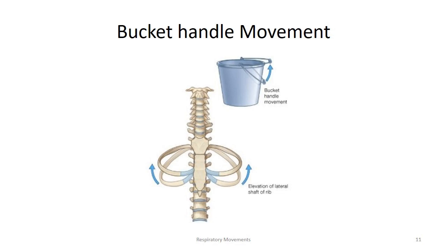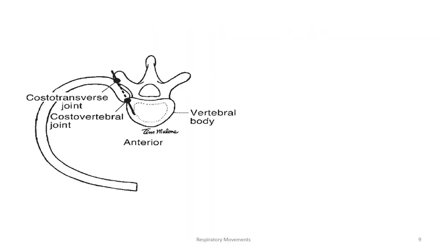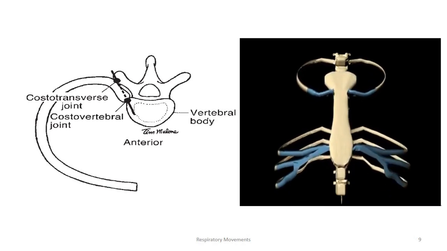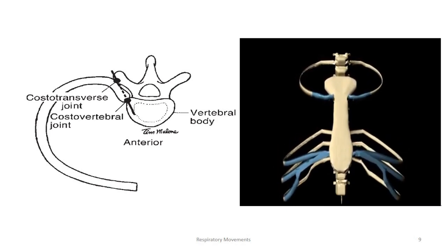That causes elevation of the lateral shaft of the rib, and that increases the transverse diameter of the thoracic cage. So it is known as bucket handle movement. And the axis of the movement is slightly inclined in the sagittal plane. So the movement will occur exactly perpendicular to it. So it will be in the frontal plane.